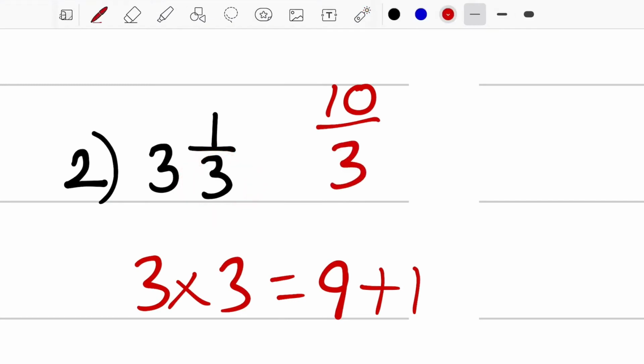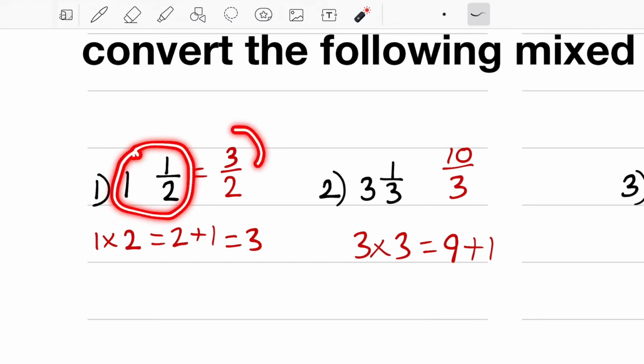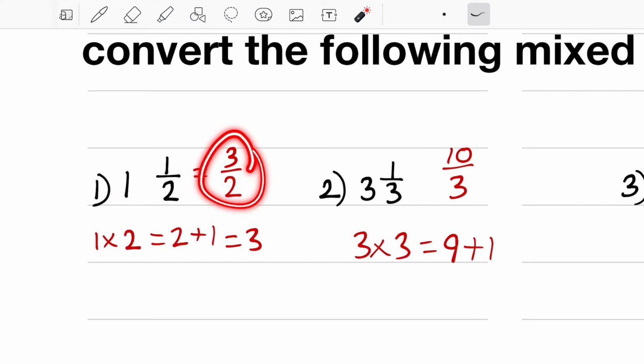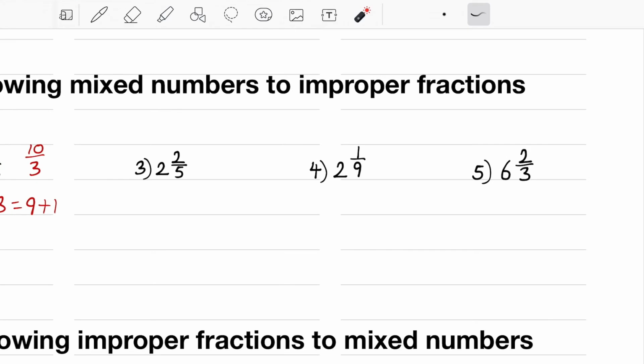So that's 10 over 3. So we are simply writing the mixed number as an improper fraction. They are the same value, or they are equal, just in a different form. So you can try numbers 3 to 5. Pause the video if you need to.